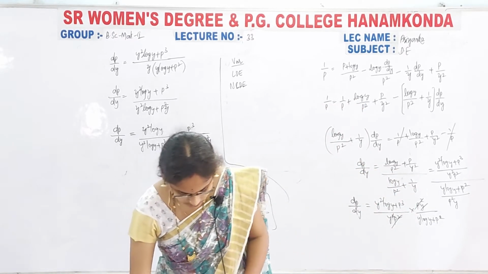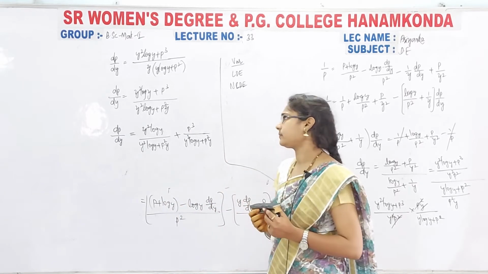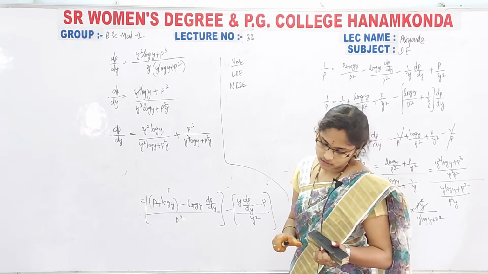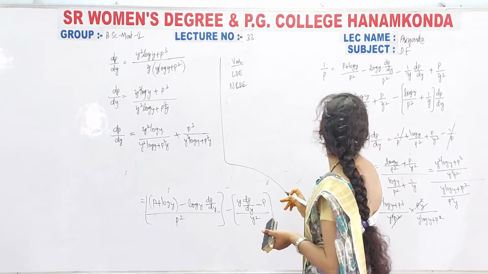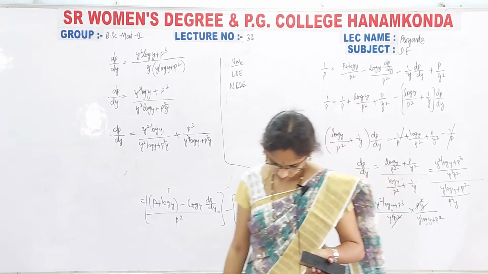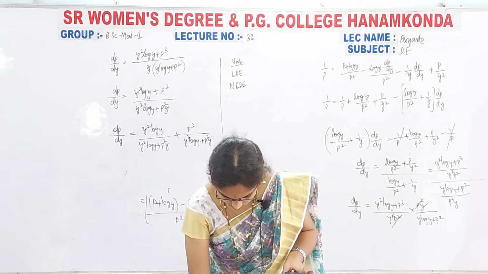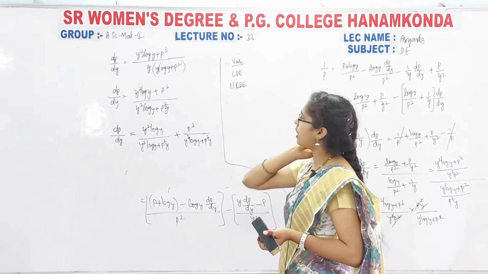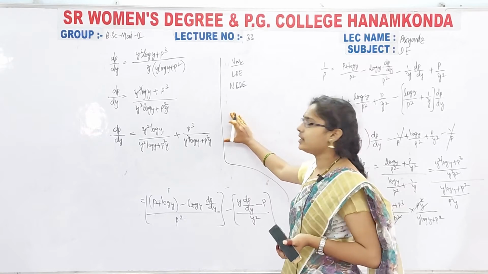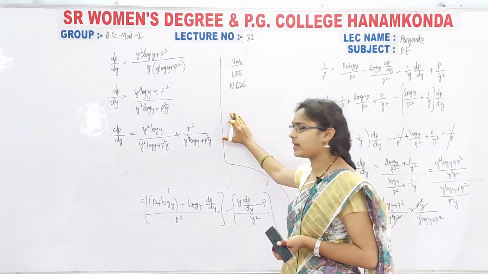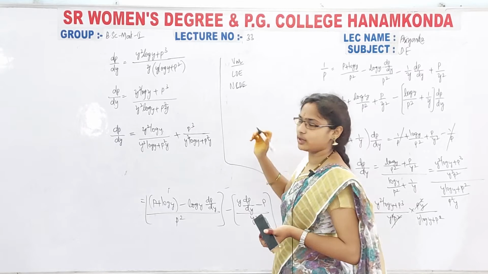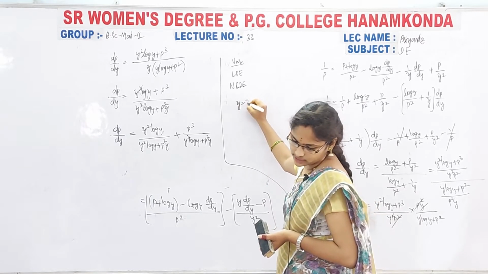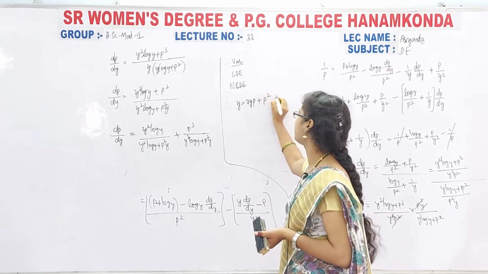So that's why, if you observe the question, here we can assume that log y is some other variable. What is the question? The question is y equal to xyp plus p square, right?